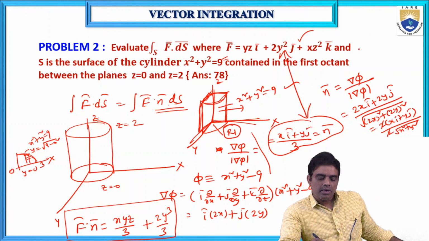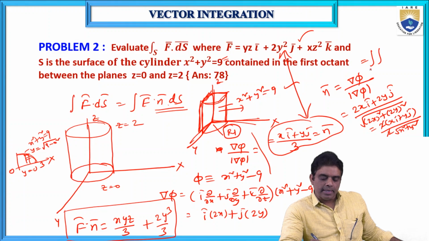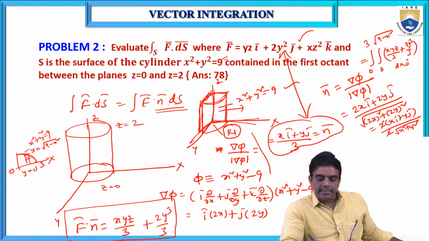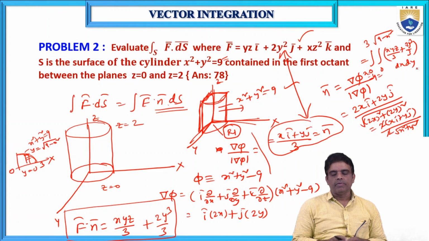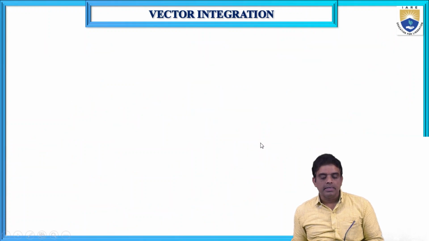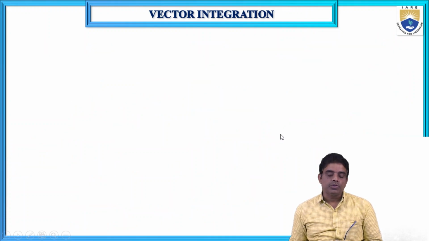Those are the limits of integration. So the complete double integral is x from 0 to 3, y from 0 to root of 9 minus x square, of the function xyz by 3 plus 2y cube by 3, dy dx. On integrating, you will get the total value, and this is left as an exercise for the students.